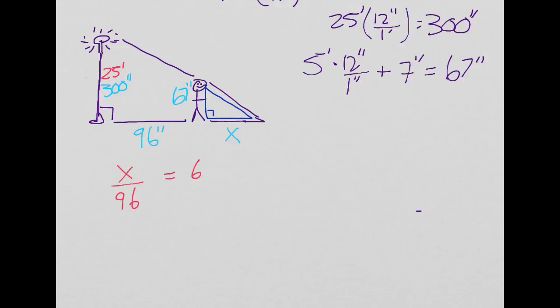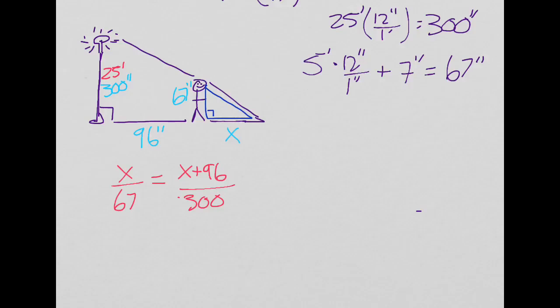So we do need to say that x over 67 is how I'm going to set this up. x over 67, so the ground leg divided by the height, equals the ground leg of the big triangle, which is x plus 96, divided by the height of the big triangle, which is 300.